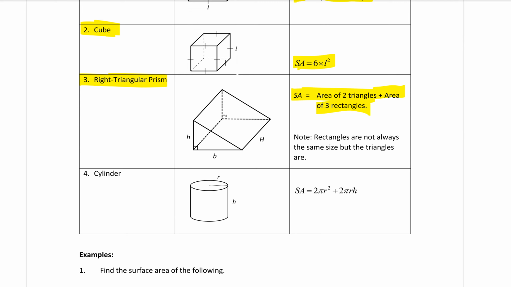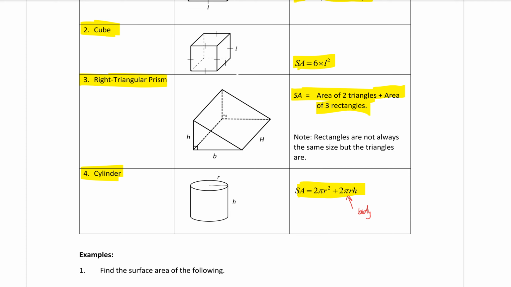And finally, the cylinder. The surface area of a cylinder is 2 pi r squared plus 2 pi r h. Just so that you are aware, the 2 pi r h is the body or the tube part of that cylinder.